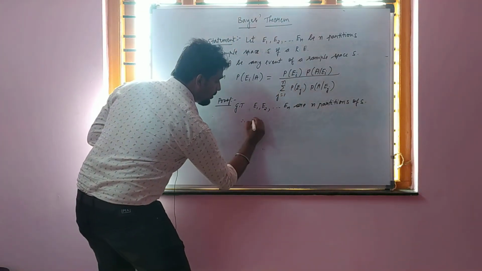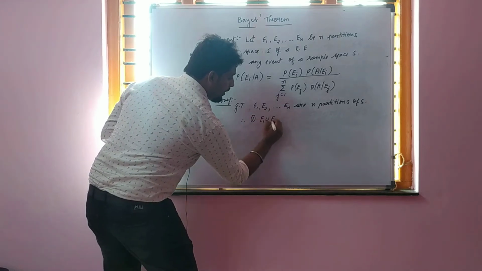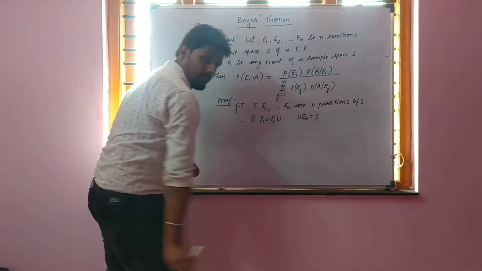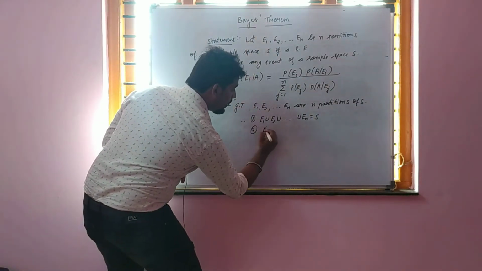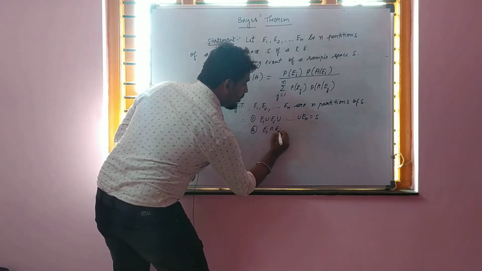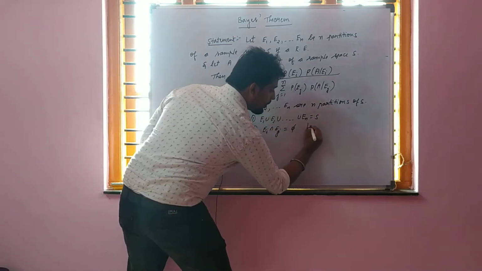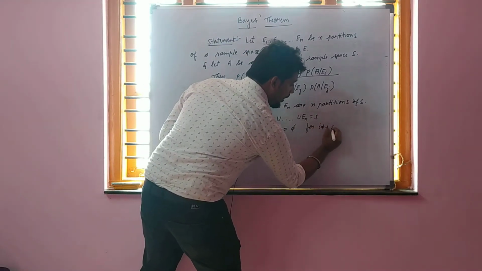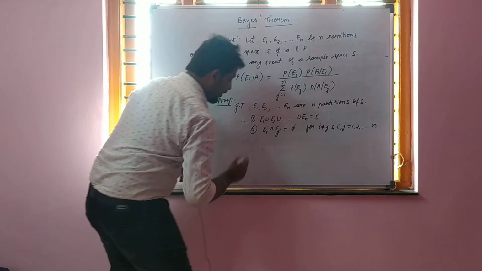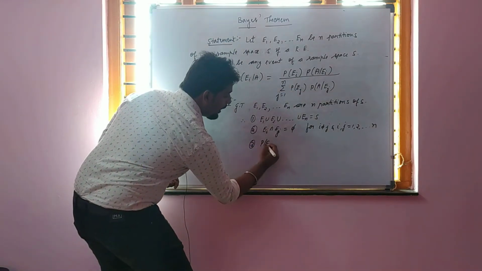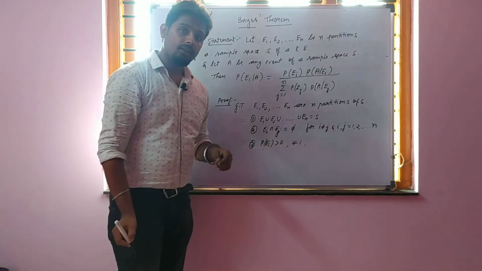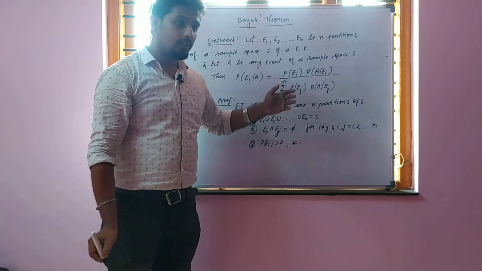Therefore we can tell the first condition: E1 union E2 union and so on up to En equals S. The second thing, EI intersection EJ equals empty for I not equal to J, and I, J equals 1, 2 and so on up to N. And the third one is P of EI should be greater than 0 for all I. Is that right? So now using these prerequisites, let us start proving.